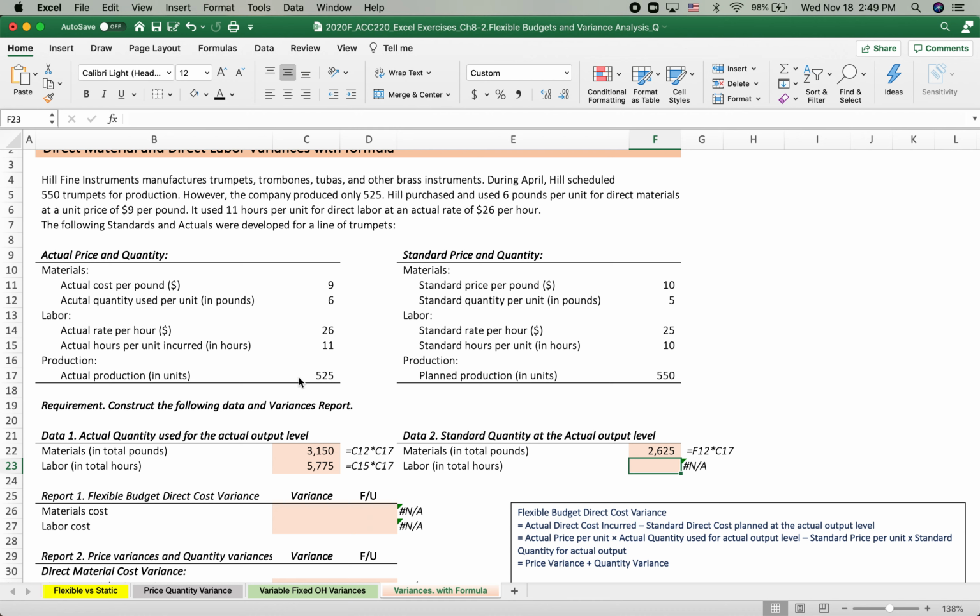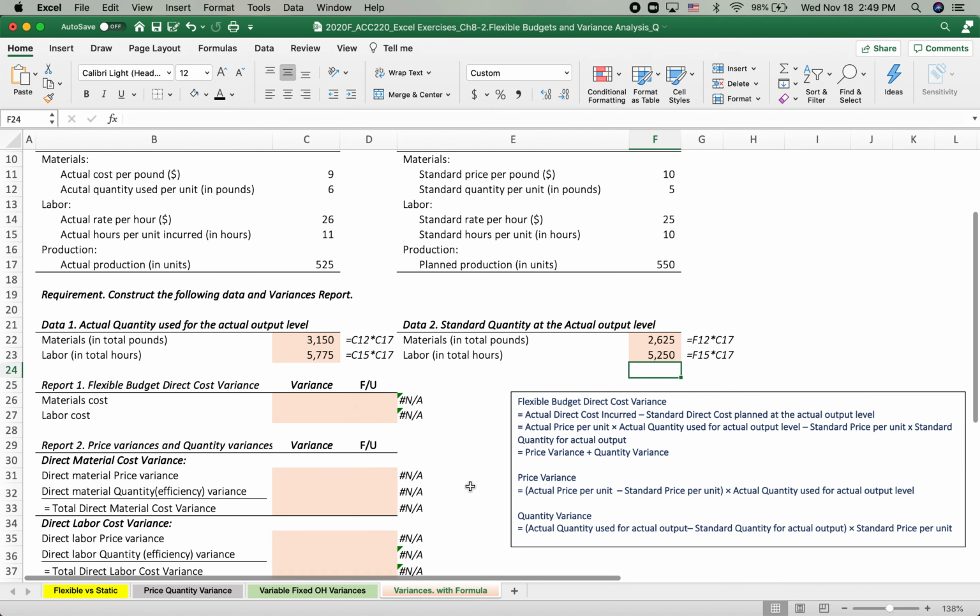And then the total standard labor hours is also 10 times 525. So we got the total quantity at each level, the actual quantity used for actual output level and the standard quantity at the same level.